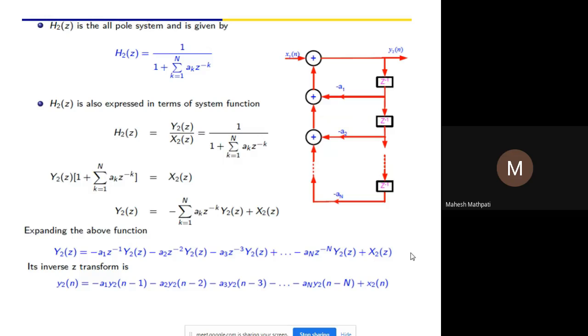Just note it down, you can understand this. Nothing is difficult. We have already discussed.